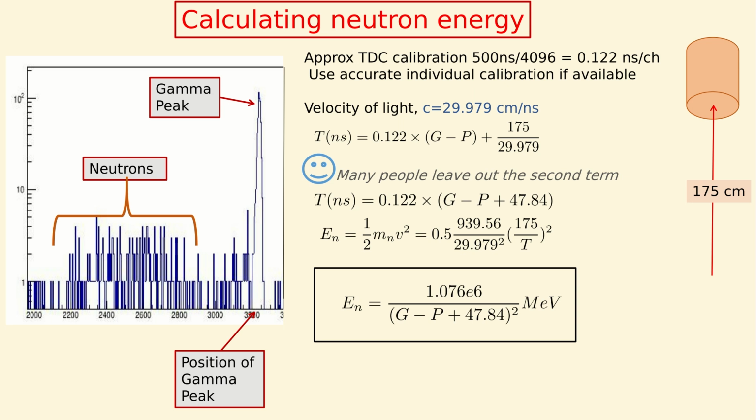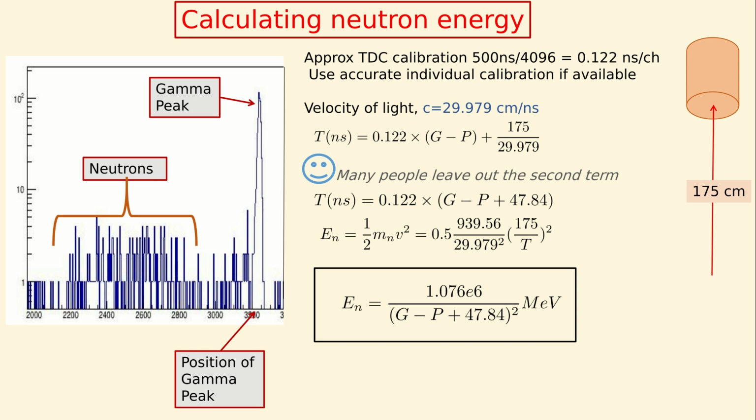This is the time calibration factor. And then you should add the time taken by photons to reach the detector from the target, which will be 175 divided by the velocity of light. Many people leave out the second term. Actually, the second term is quite small, so you can decide, but it works out to be around 4 or 5 nanoseconds.